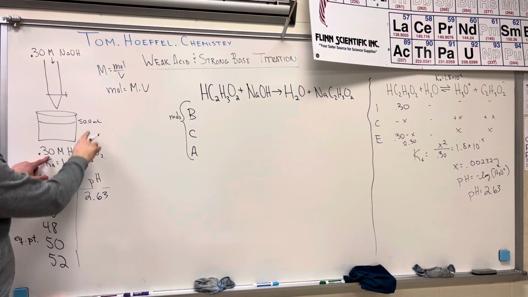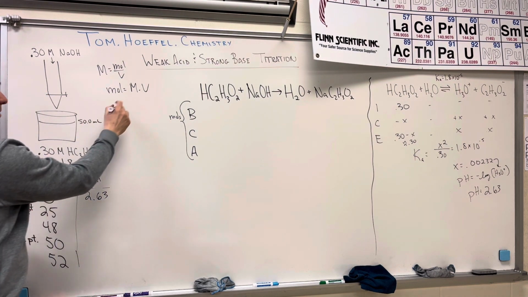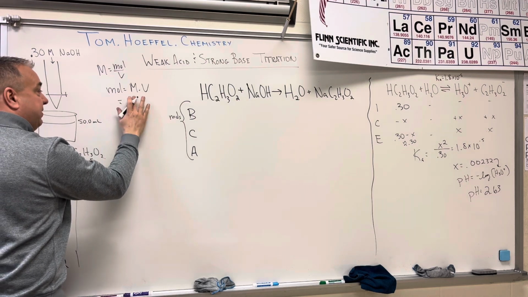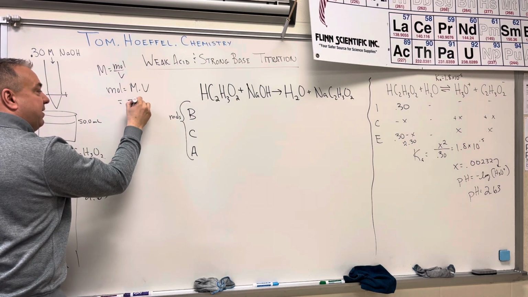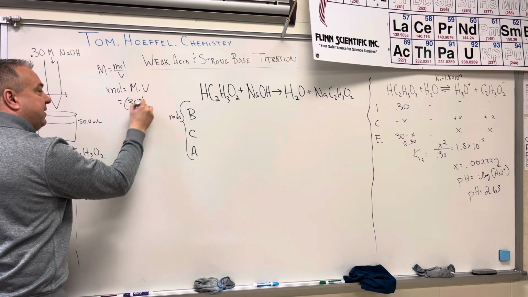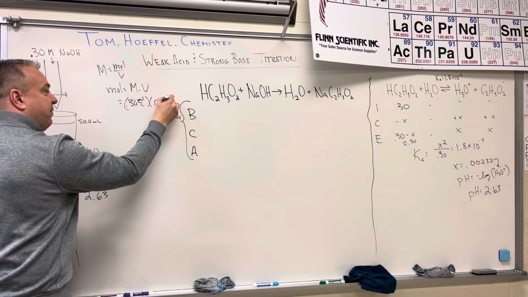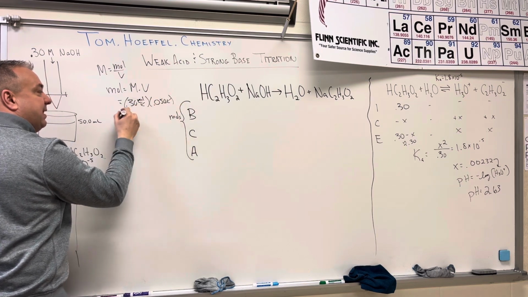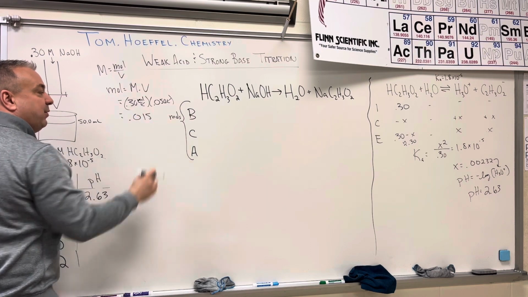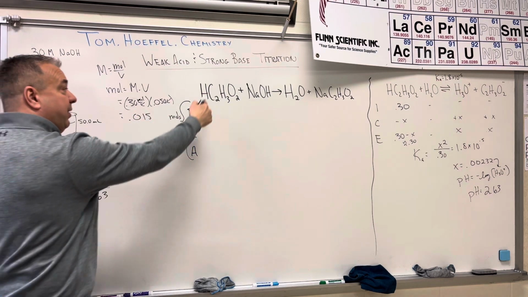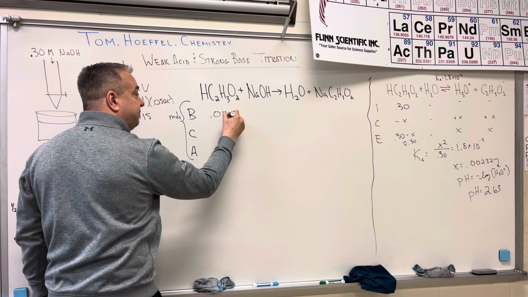So I'm going to take the molarity and the volume of the acid, which is 0.3 for the molarity, that's moles per liter, times the volume of 0.050 liters. The liters cancel out, and I'm left with 0.015 moles of the acetic acid.